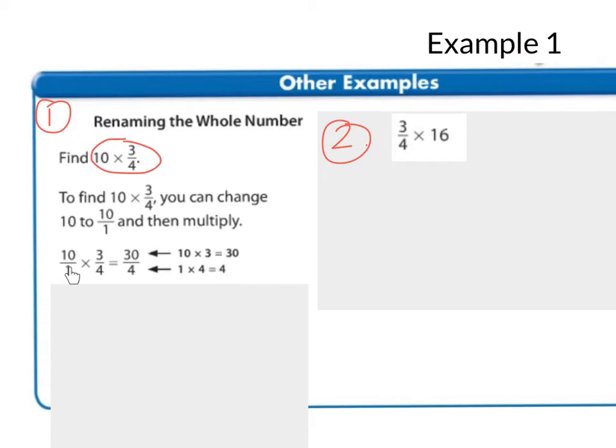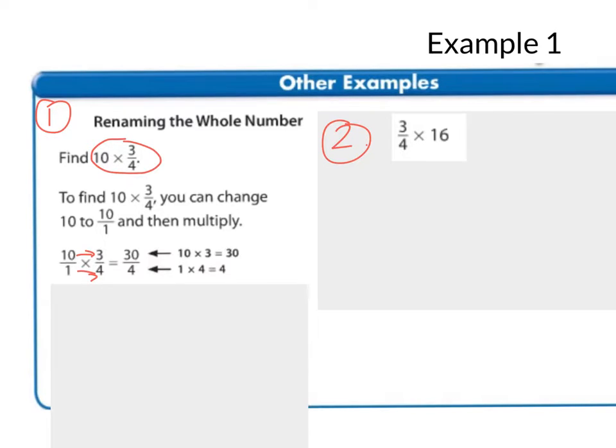See how I move 10 down here, 3/4 here, and then what are we doing? Oh, we're just multiplying straight across. 10 times 3 is 30, 1 times 4 is 4. So then my answer is 30/4. But I know that I can't leave it that way. We're going to make it into a mixed number. This is an improper fraction.